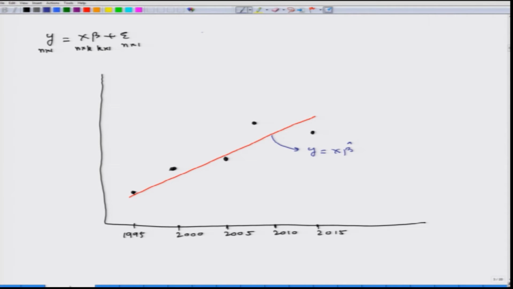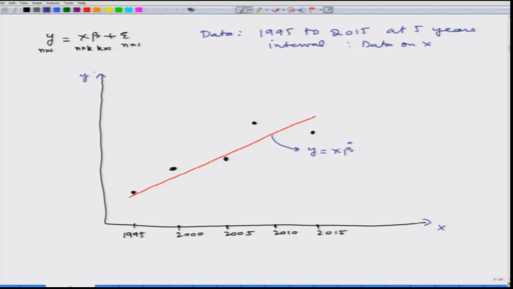Keep in mind that data is available from 1995 to 2015 at 5-year intervals. Here, this is x and this is y.